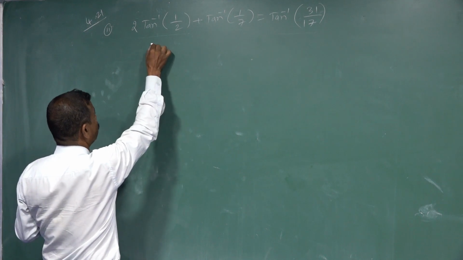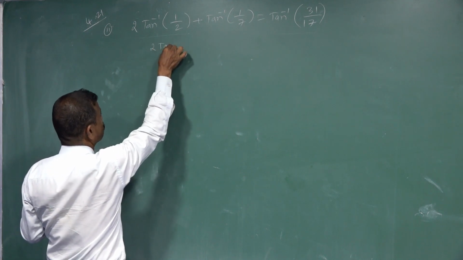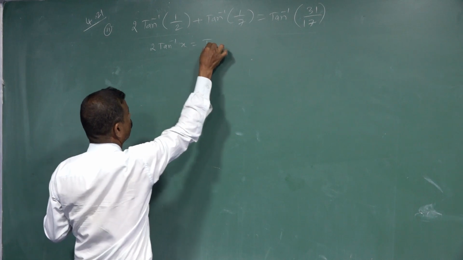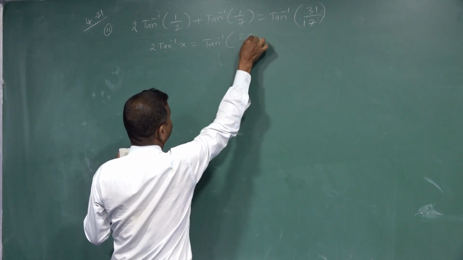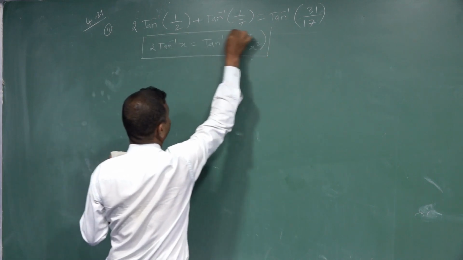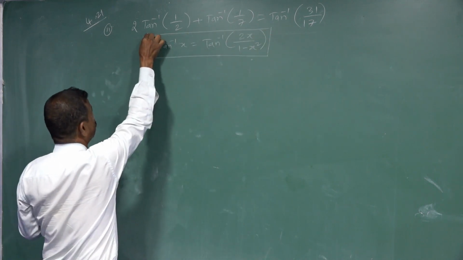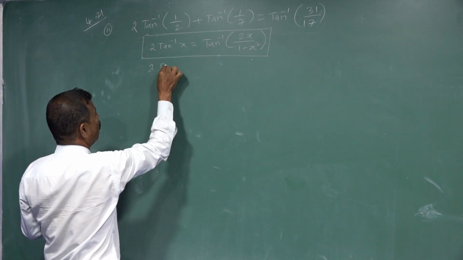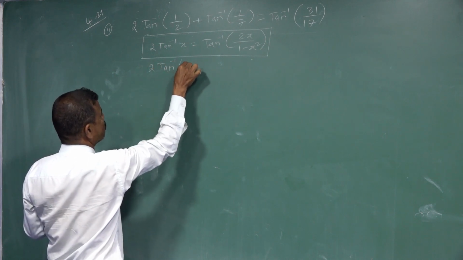So what formula can be used here? 2 tan inverse of x is equal to tan inverse of 2x by 1 minus x square. This is the formula. So instead of x, take 1 by 2.